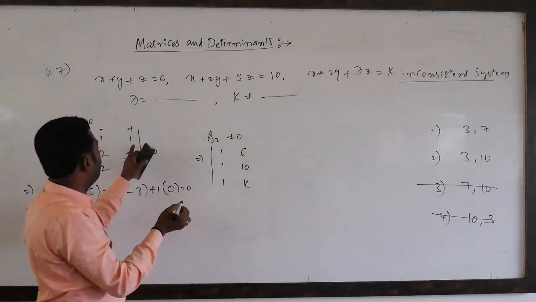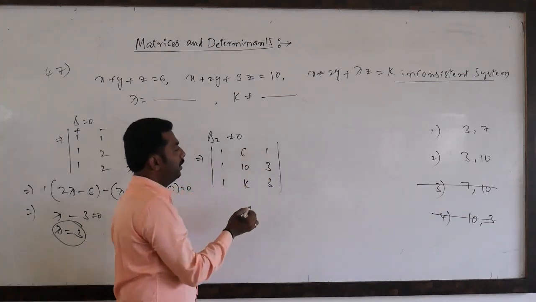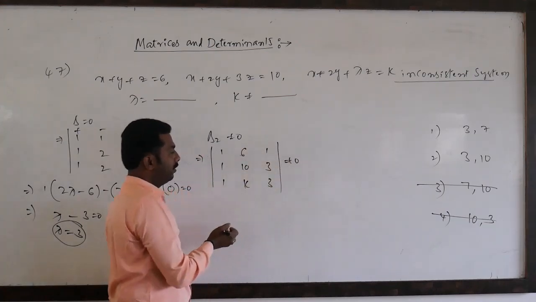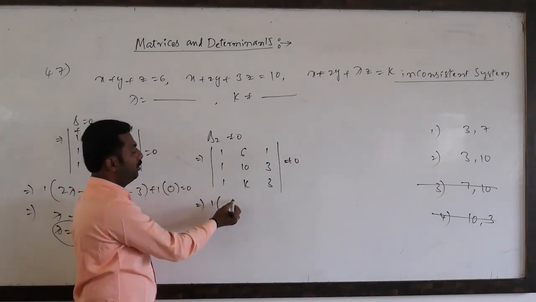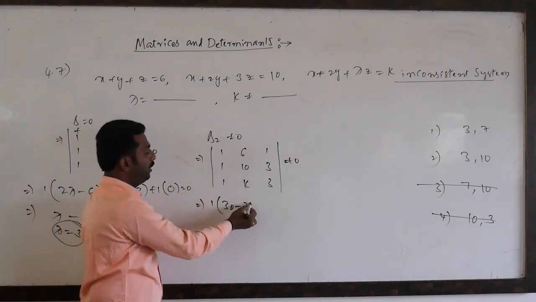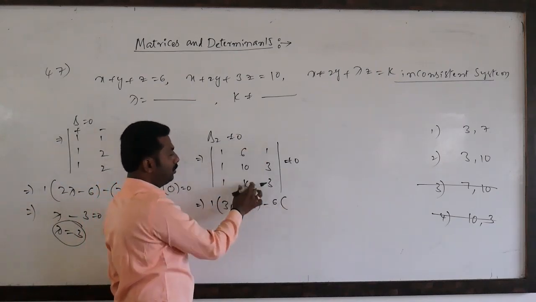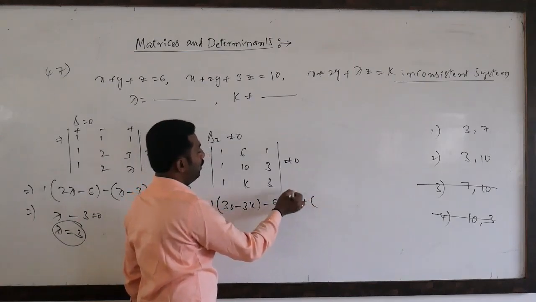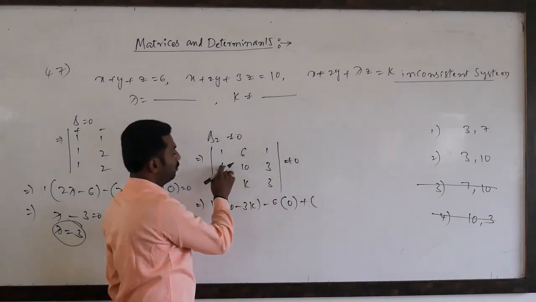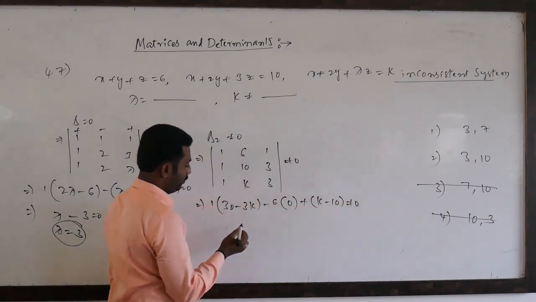No changes in the third column, 1, 3, 3, not equal to 0. Again expanding along the first row, 1 into 30 minus 3k, minus 6 into, closing this column, 3 minus 3, which will be 0, plus 1 into, closing this column and this row, k minus 10, is not equal to 0.